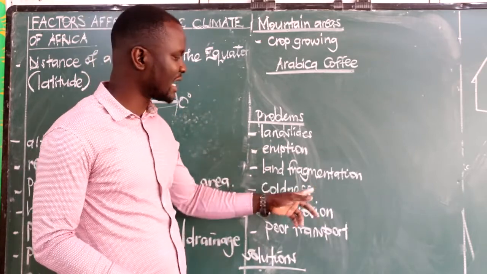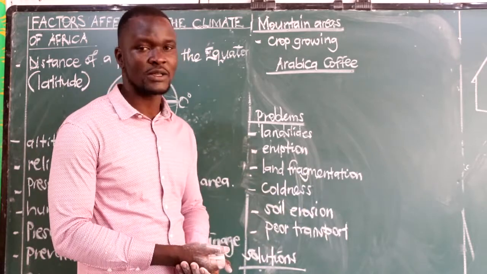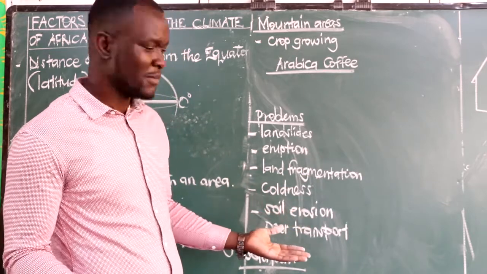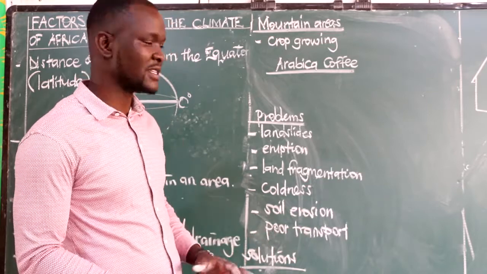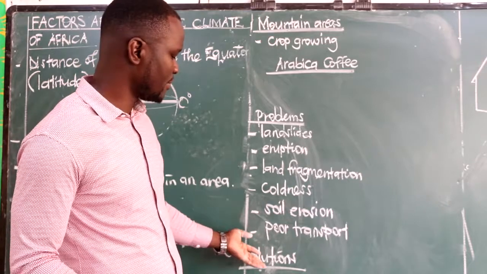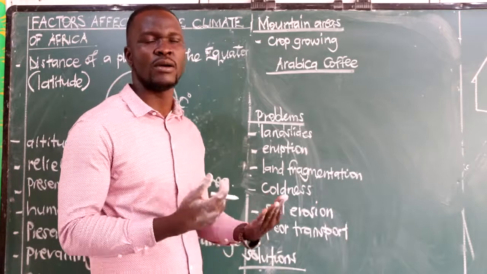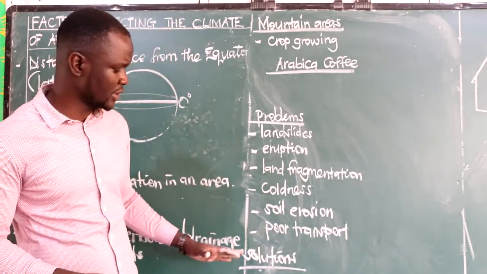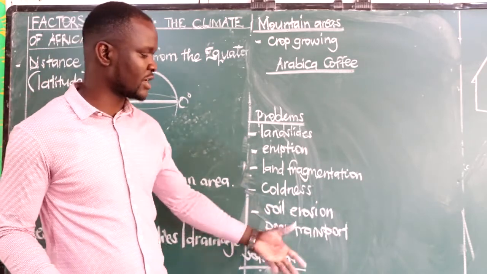Then we have land fragmentation. That can be solved through what we call land consolidation. Then the coldness can be solved by wearing thick clothes. We have soil erosion that we have said can be controlled mainly by terracing. Remember, building terraces on a hilly area or on a mountain is the best method for controlling soil erosion. That is terracing in highland areas. And then we have poor transport.